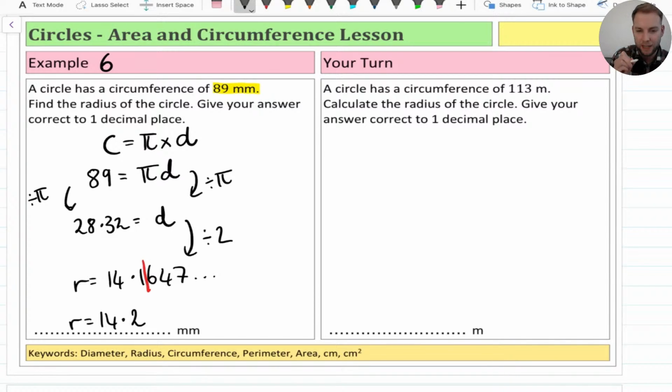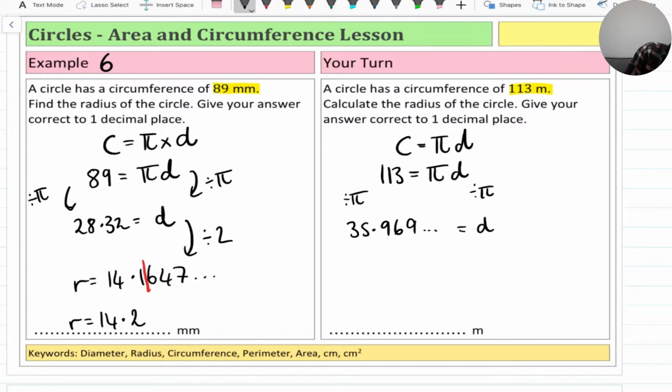And this is really, really important, okay? So I know that my circumference is equal to pi times by d. My circumference here was this one. So 113 is equal to pi d. Divide both sides by pi, that's fine.